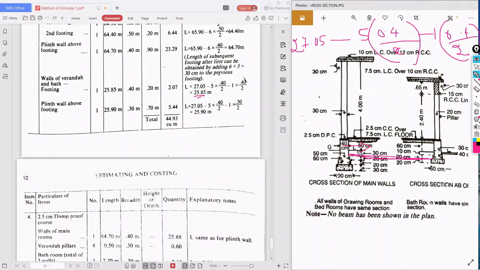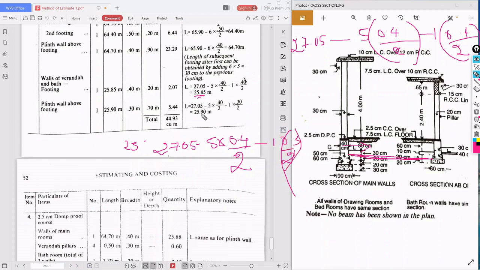So for the plinth wall above footing, 27.05 minus 5 into 0.4 by 2. This 0.4 is this one only. Minus 1 into the 30 centimeter wall, 0.3 by 2.